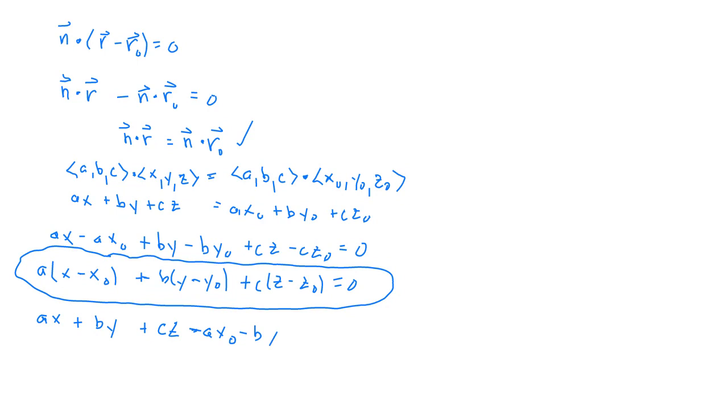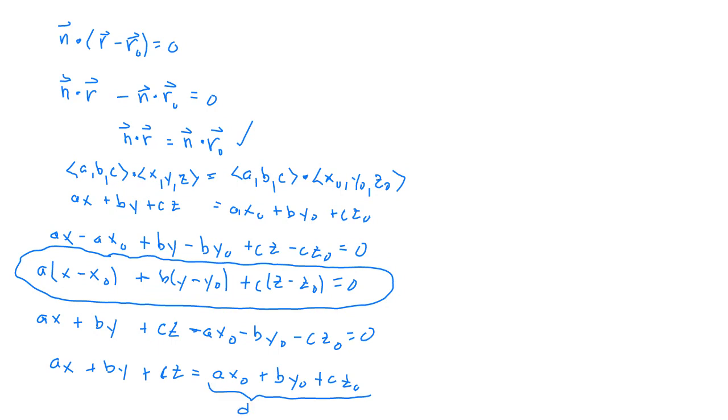Ax plus By plus Cz would equal A times x0 plus B times y0 plus C times z0, and we could call this whole right side d.